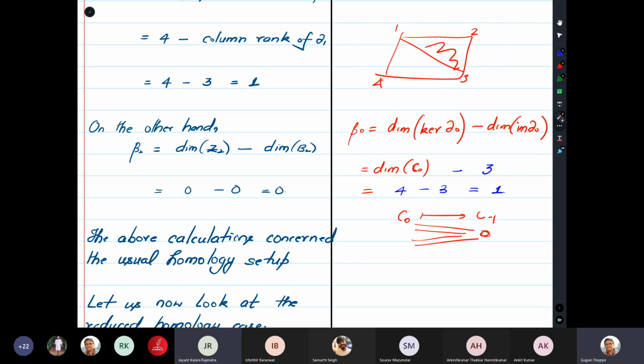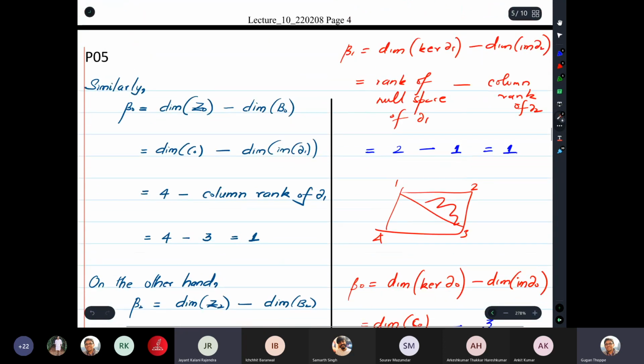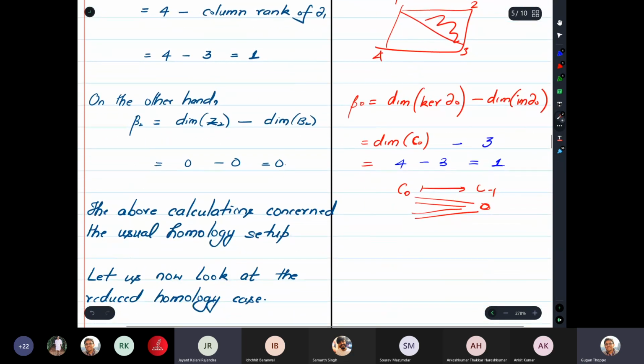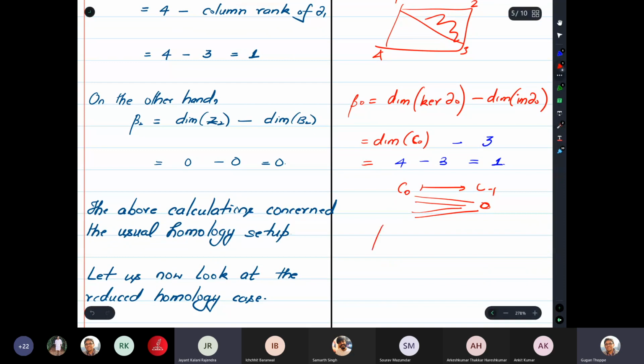Is this okay? So let me pause here for a second or two if there are any questions with regards to how we computed beta 2, beta 1 and beta 0. And I hope you also agree that for any other Betti number, in particular, if I asked you what is Betti k for any other k, one can easily figure out that it must be 0, and that just follows from the fact that both these dimensions are 0. Is this okay? So let me pause here for a second or two.